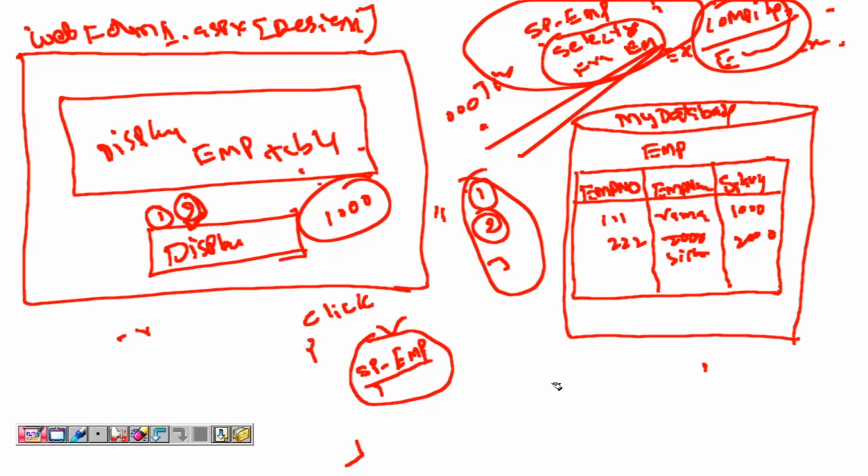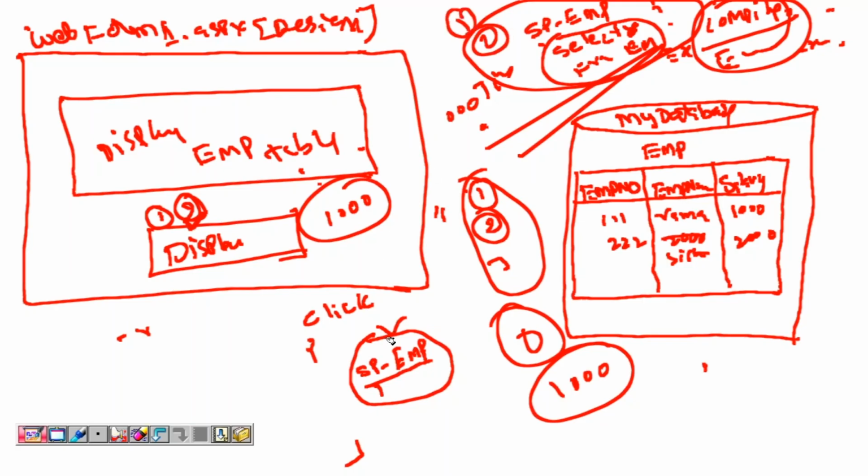Directly it will execute. In this case, out of 1000 clicks, how many times is the stored procedure compiled? Zero times, because it is already compiled by the SQL developer. While he defined the stored procedure, first he compiled and executed it. Then whenever you call the stored procedure, it will not compile again.